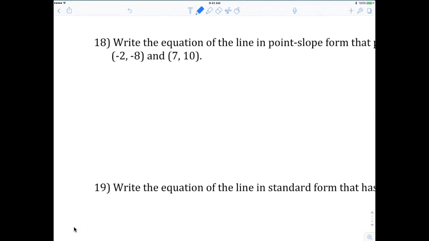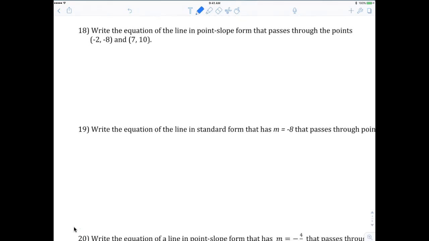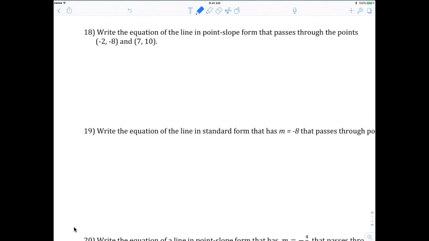17 is easy. All right, now let's get to 18. This is the good stuff. Right here it says, write the equation of the line in what format? Point slope. So those of you who forgot, write down y minus y1 equals m times x minus x1. This one's the hard one because we don't have the what? Slope.